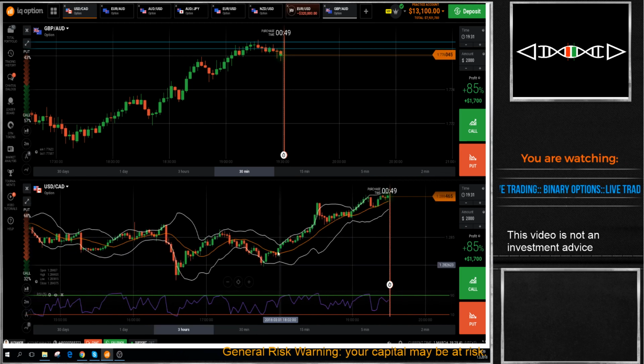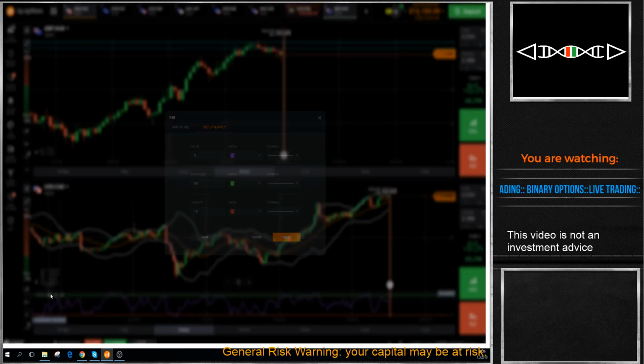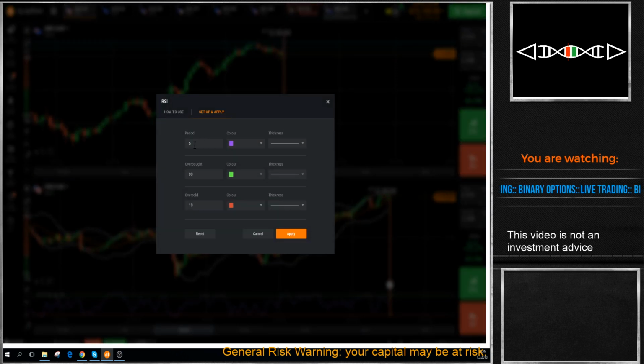As you can see, I use Bollinger Bands and RSI. My RSI setting is period 5, a very fast RSI, and rather extreme values, 90 and 10.